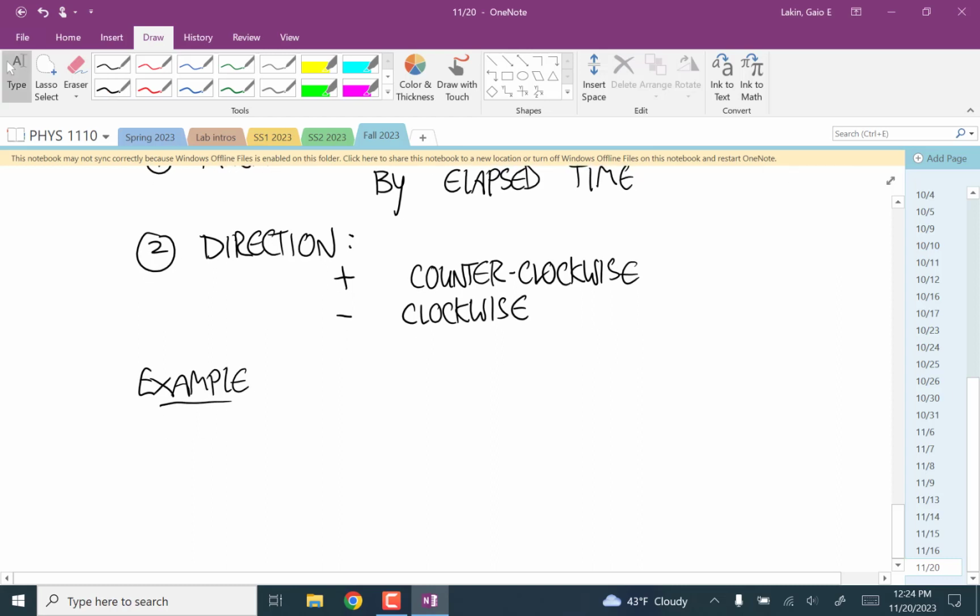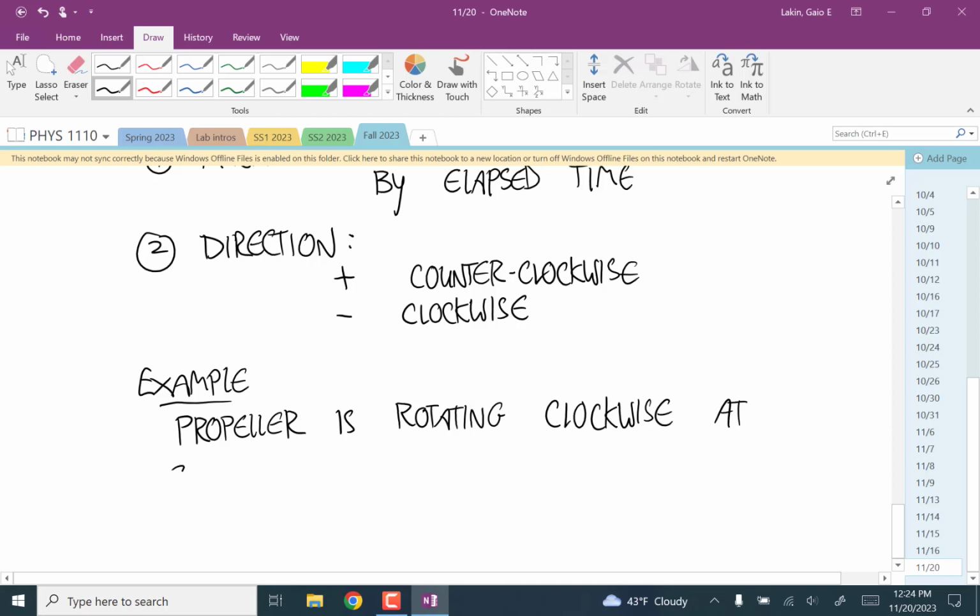So let's say that a propeller is rotating clockwise at 2,000 RPM.